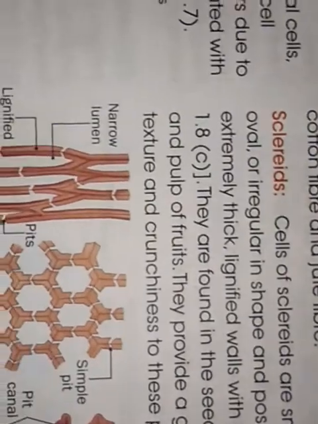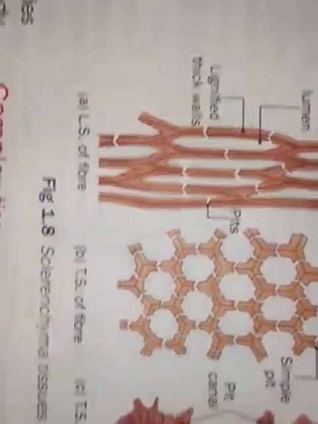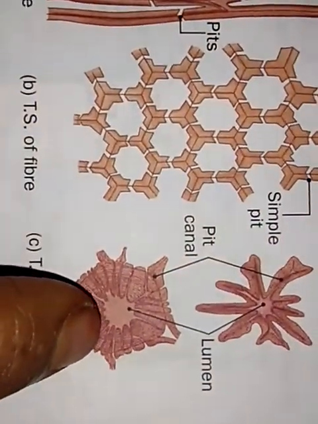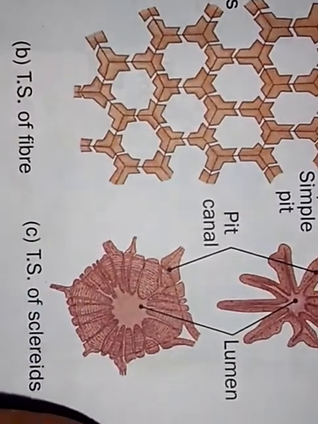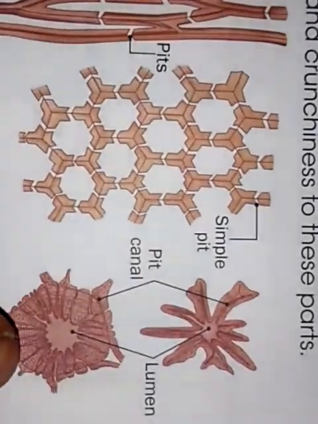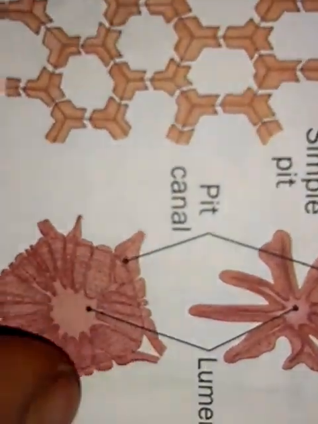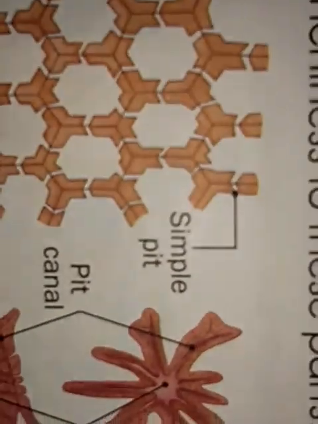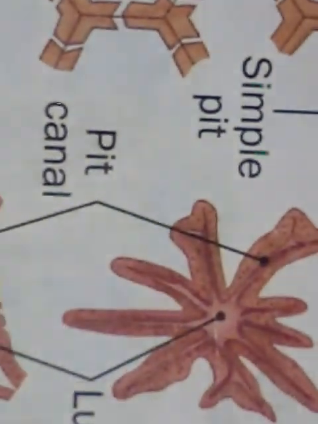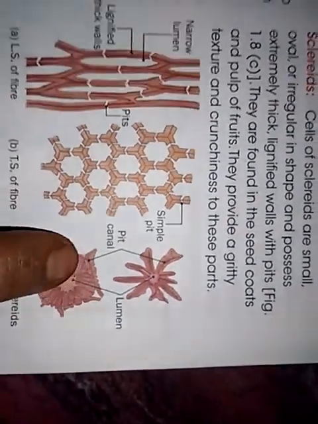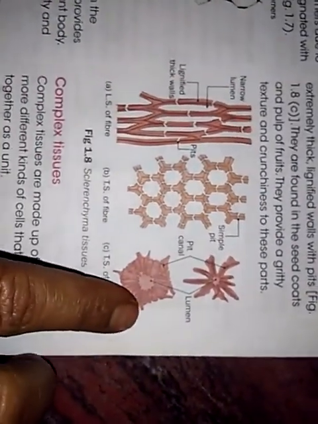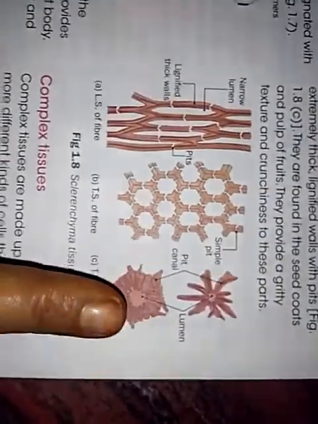Simple pits are present in the thick cell wall. Where are simple pits present? In the outer layer of the thick cell wall. Okay. Sclerids are present in the seed coat.